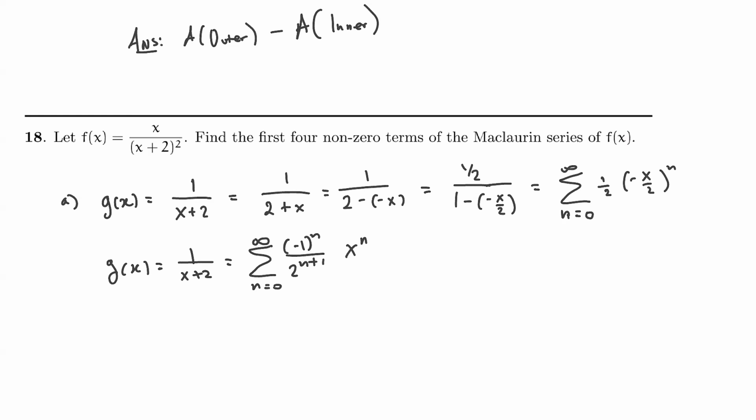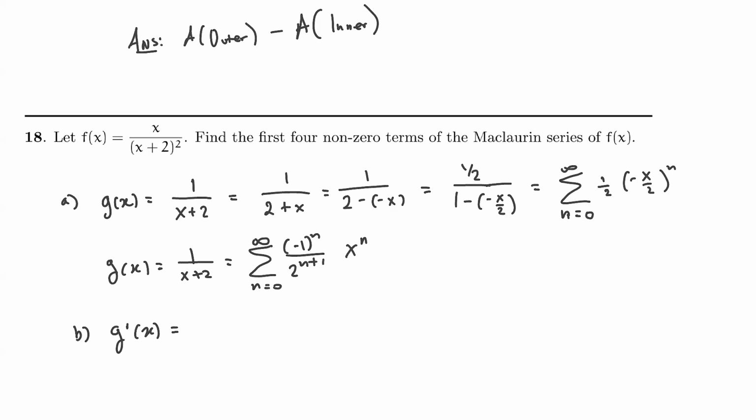Okay, now for b, this is trying to connect this with f of x. For b, find the power series for g prime of x. I don't want to make another function, just put g prime of x.